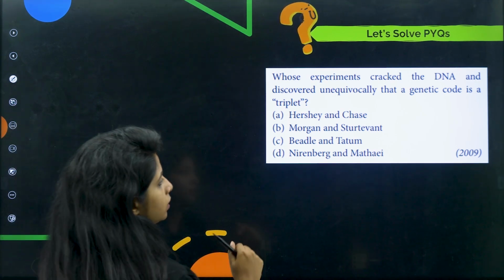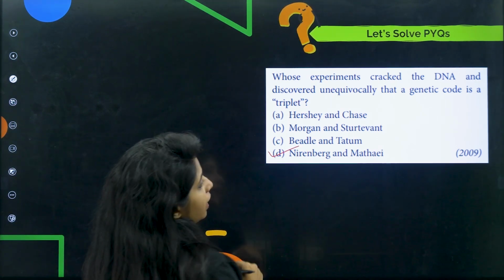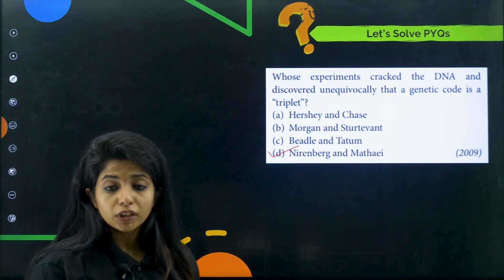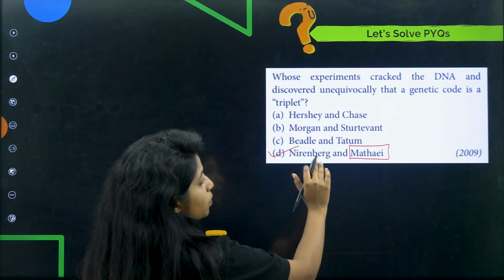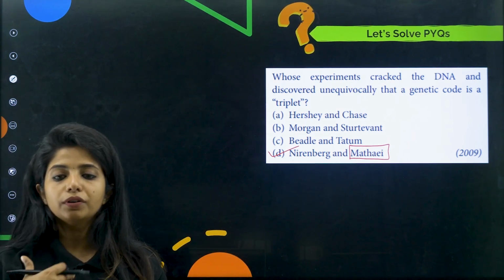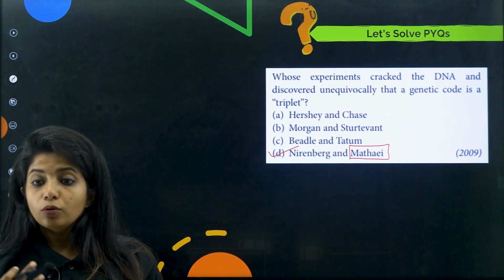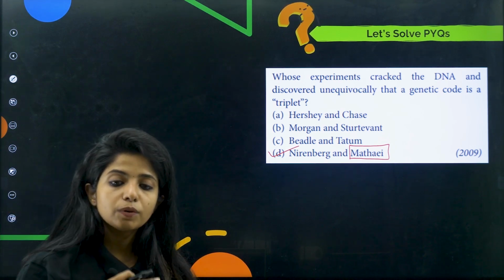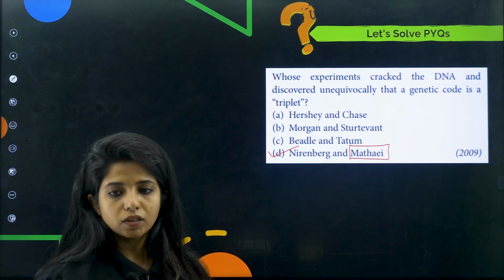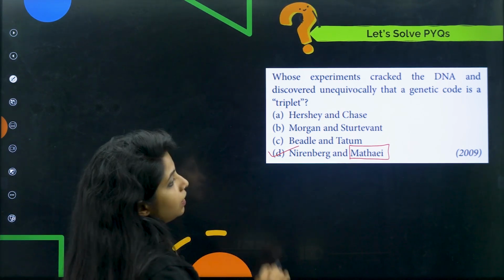It was Nirenberg and Mathai. Mathai is not given in the options, but he also got the Nobel Prize for finding this. So it is Marshall Nirenberg and Mathai who were responsible for this. They showed that triplet is definitely there, and that triplet codons are responsible for each amino acid as well. So this is the correct answer.